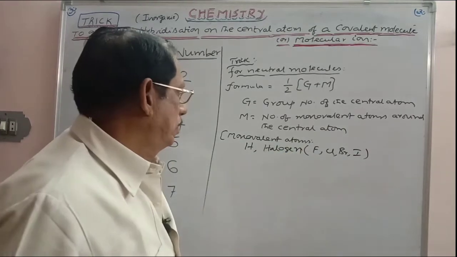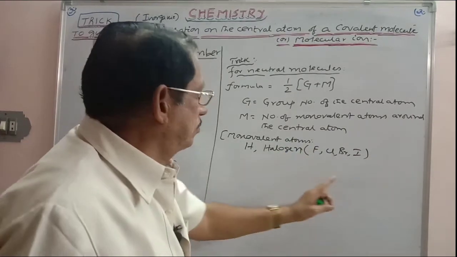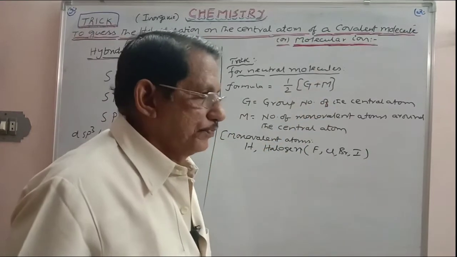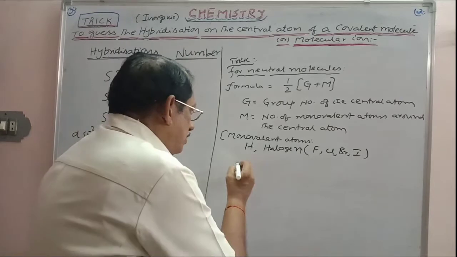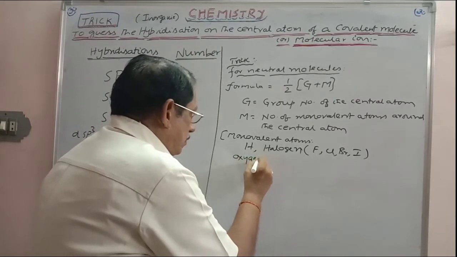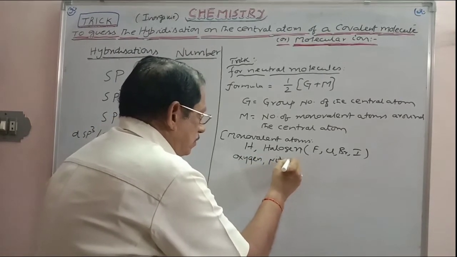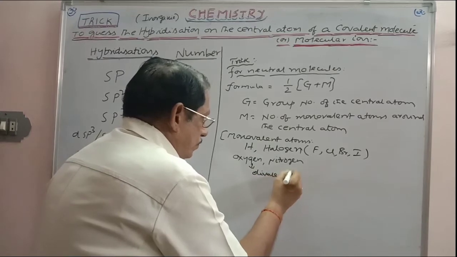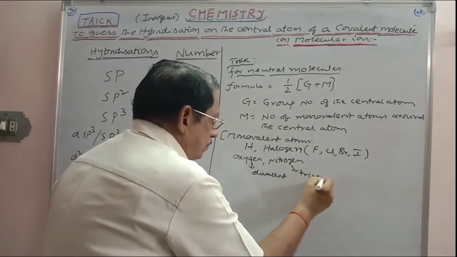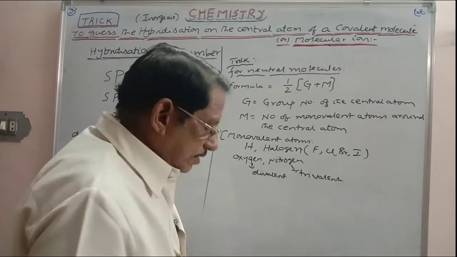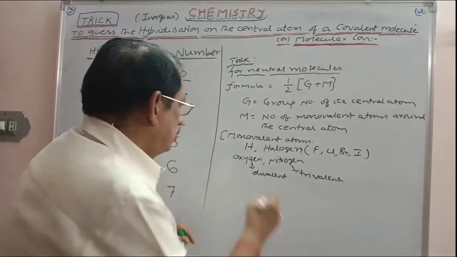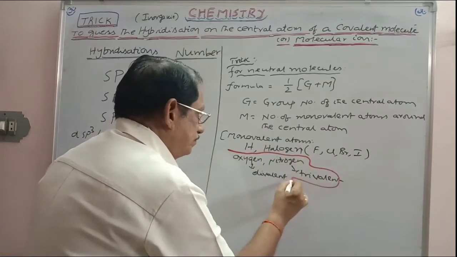These are the monovalent atoms. You have to count the number of monovalent atoms around the central atom. That becomes M. Oxygen you can take, nitrogen you can take. Oxygen is divalent, nitrogen is trivalent. These are not monovalent, so you need not consider these.